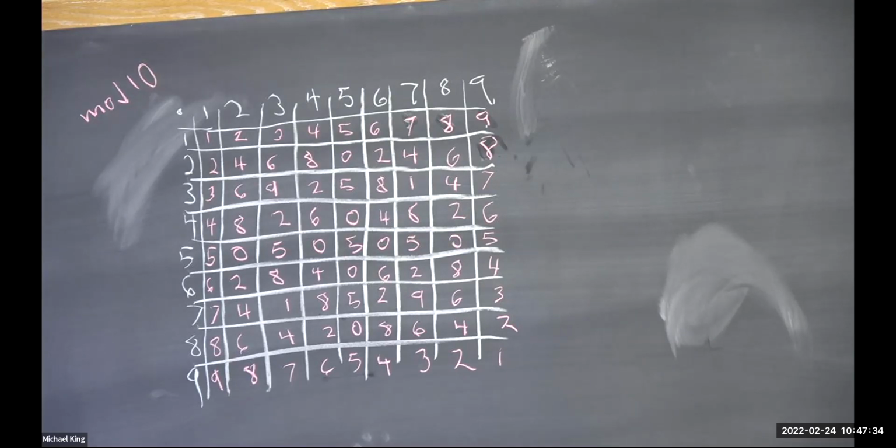The 5 row is particularly interesting, right? You just get 0s and 5s. The 2, 4, 6, and 8 rows all have 2, 4, 6, 8 and 0. And the 1, 3, 7, and 9 rows have all the numbers. Okay, so what's going on?